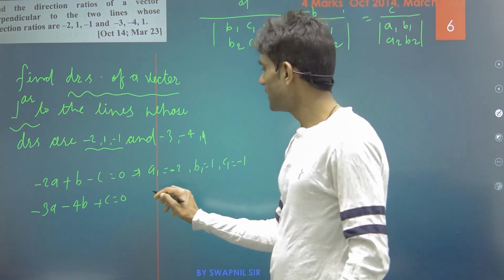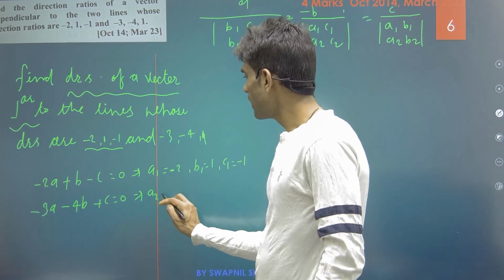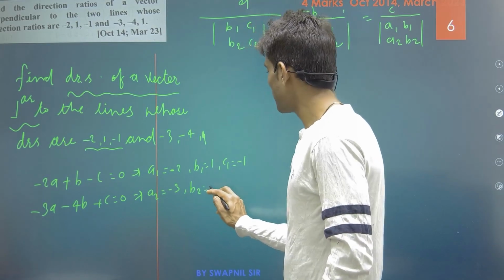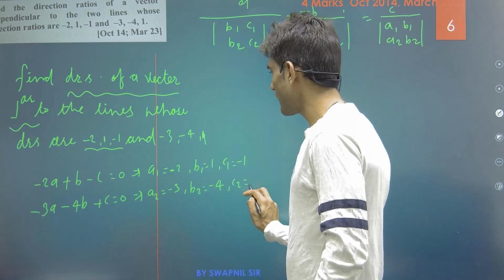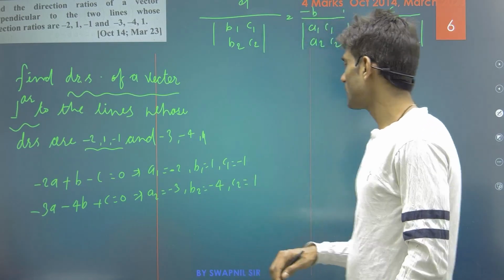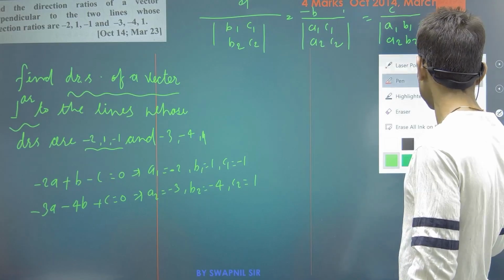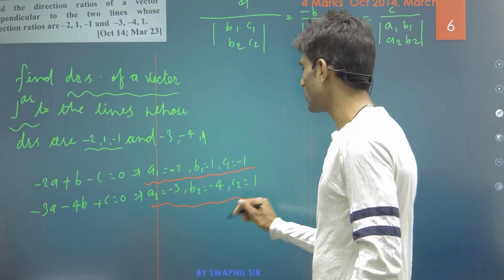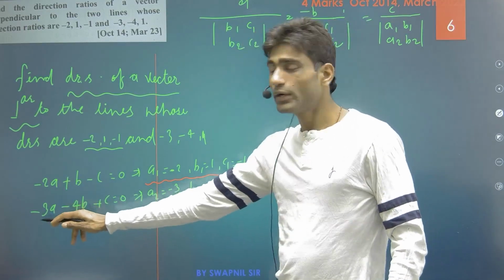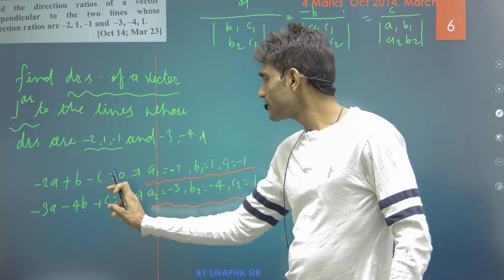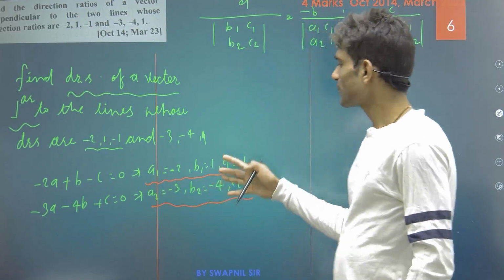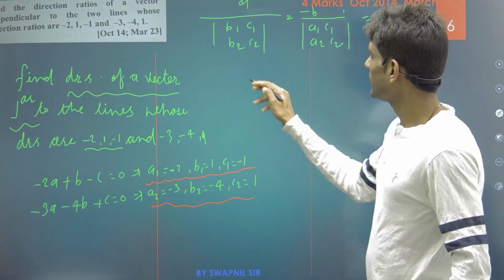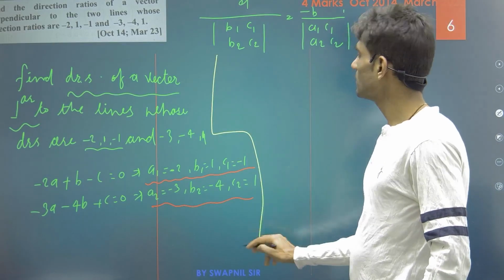Similarly A2 as -3, B2 as -4 and C2 as 1. These are the values I have found using our given condition. Now we need to substitute all these values here, so we will get our direction ratios.